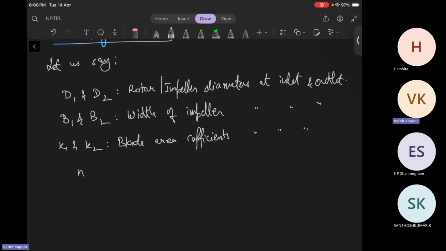Then N is the number of vanes, because on a single rotor there are a number of blades or vanes. And T is the thickness of each vane.